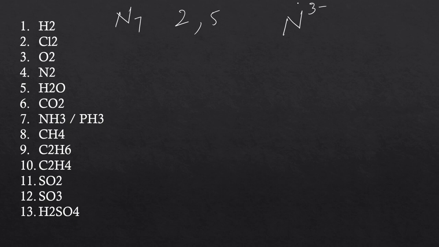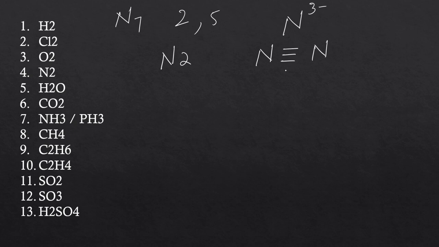So in the N2 molecule, it will make a nitrogen to nitrogen triple covalent bond, 1, 2, 3. And it is the reason nitrogen is inert. Inert means unreactive gas. It is 78% in our nature, and it is inert because it has a triple covalent bond.